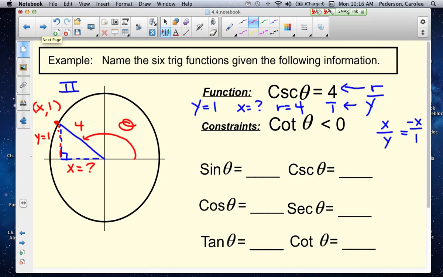So what do we have to find first in this case? The x. So now we use Pythagorean theorem again, find the x, and then we can go out and find the 6 trig functions.